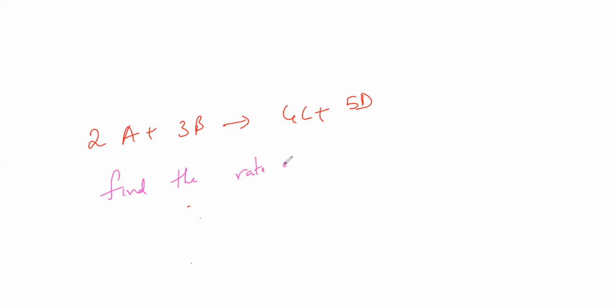Fine. So guys, if the reaction is 2A plus 3B giving me 4C plus 5D, find the rate of reaction in terms of reactants and products.